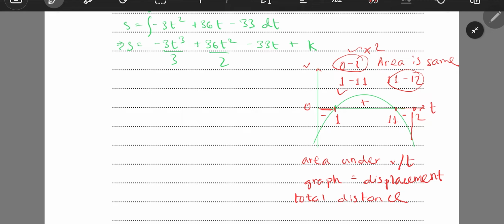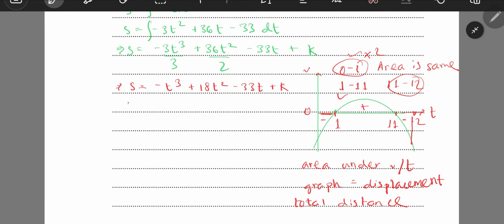So let's solve. After simplifying the s equation, this is minus t cubed plus 18t squared minus 33t plus k. For the first one, which is 0 to 1, when we put 0, obviously the whole thing is just going to be 0, so we can just input 1 and get it done with.